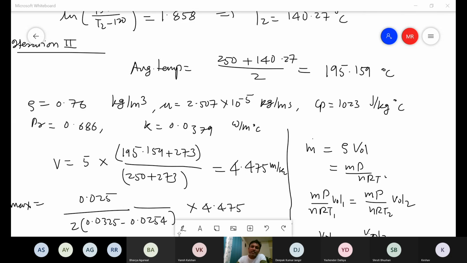Even if I ask such a question in the examination, I will not say that it should match the final temperature. I will only say that you perform the calculation for 1 iteration, 2 iterations, or 3 iterations, because you never know how many iterations it requires. In real life, in an industry, you have to do as many iterations as needed until it matches within your tolerance limit.